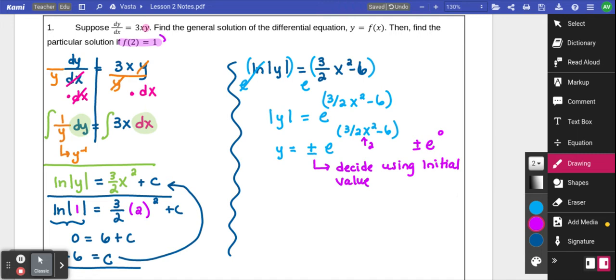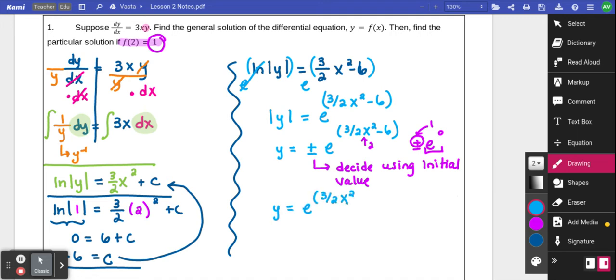Now because the y value was supposed to be positive 1, and e to the 0 is 1, you want to keep the positive because you wanted your answer to be positive 1. That's what the initial value tells you. You want the answer when you plug in the number 2 to give you positive 1, not negative 1. So in this case, instead of keeping both the plus and the minus, we're just going to keep the plus.